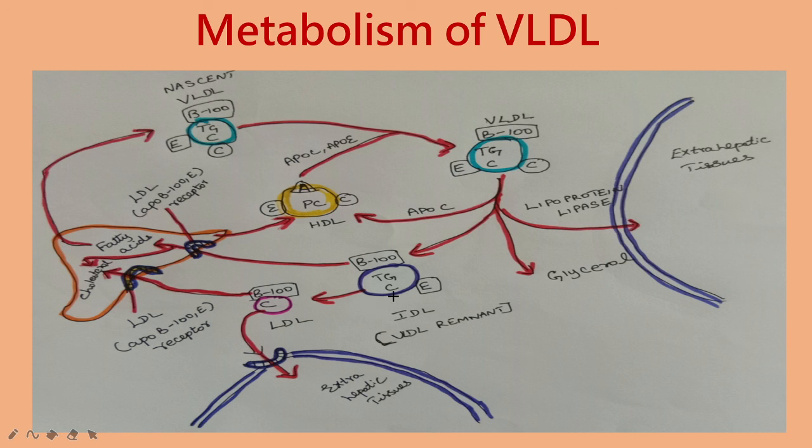The other fate for this IDL is that it can be converted into LDL, which can enter into extrahepatic tissues. So this is about the metabolism of very low density lipoprotein. Thereafter the metabolism of LDL will take place.